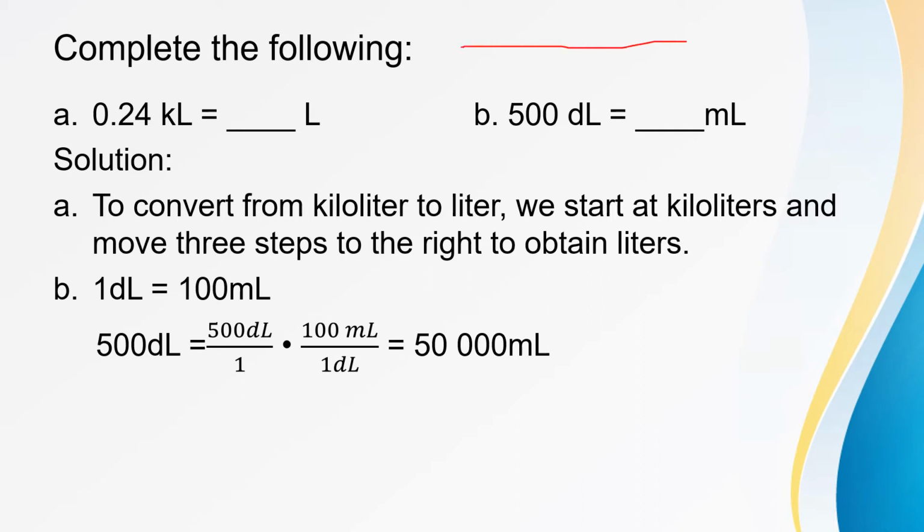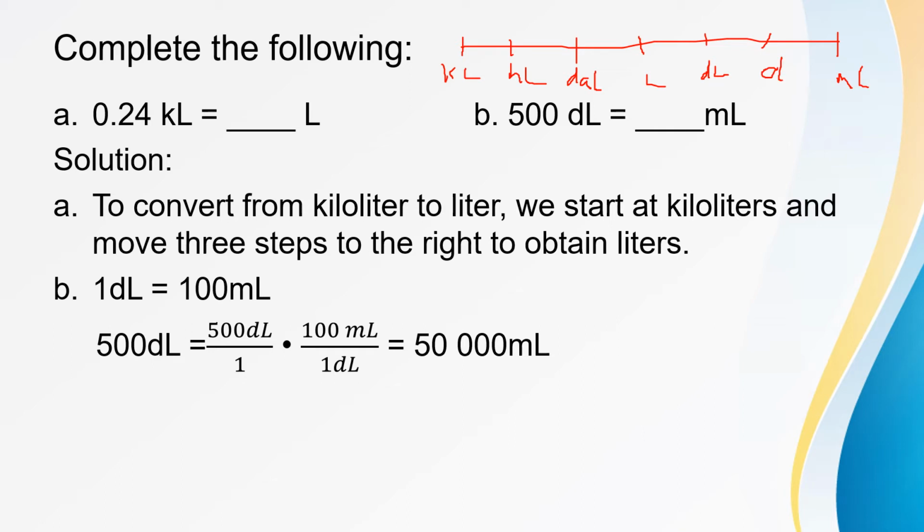Using the metric converter, this is kiloliter, then liter and milliliter, and there are more in the middle. We have HL, dekaliter or dal, the DL, and the CL.